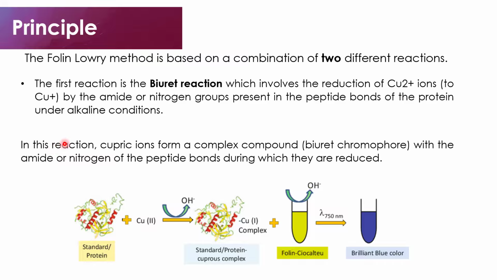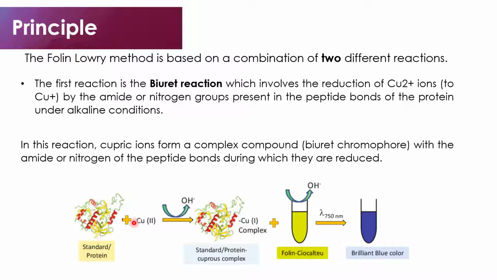Also, in this reaction, the cupric ions form a complex compound, which is also known as a biuret chromophore, with the amide or nitrogen of the peptide bonds, during which they are reduced.